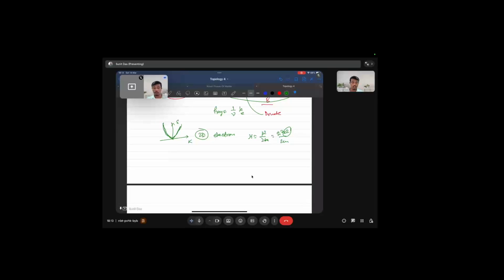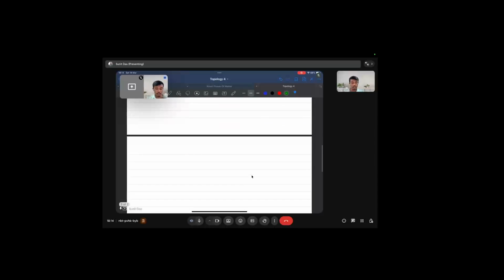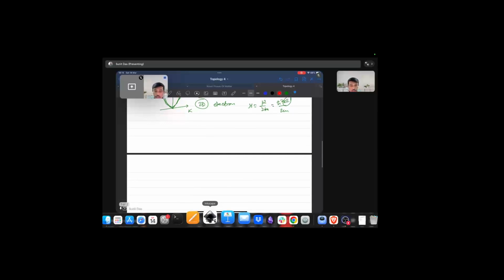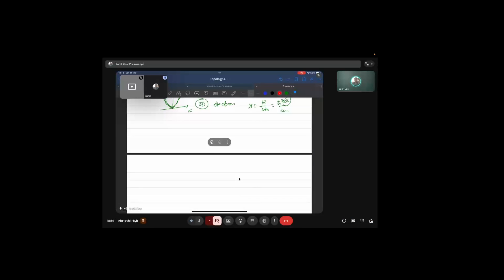Now, what really happens when we apply an external magnetic field, sufficiently high? It turns out that our Hamiltonian gets changed. We need to consider the incorporation of the magnetic field.